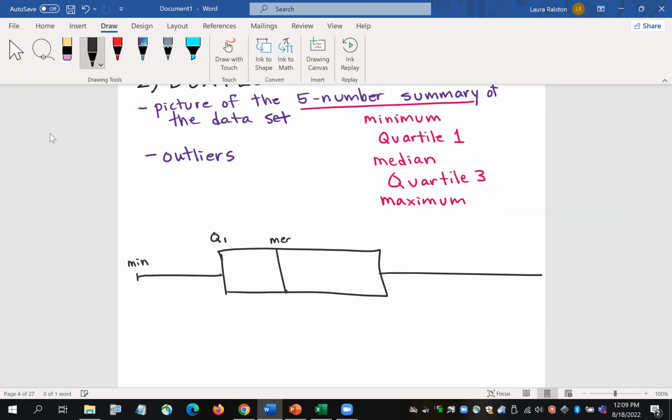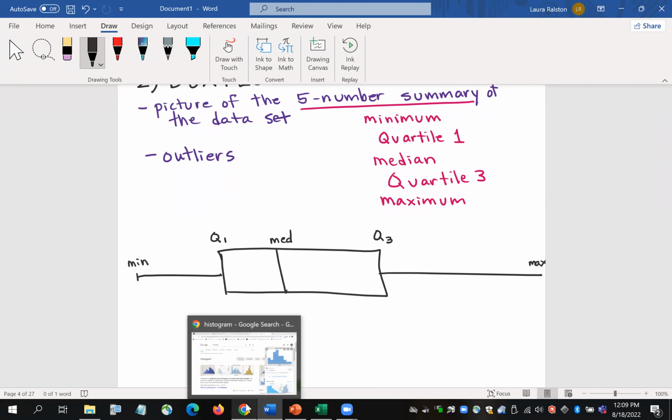This is the median. This is Q3. And my maximum is here. And then it would also visualize any outliers that I have. But again, it gives me that sense of numbers and how those numbers are grouped together. And it really makes more sense when you see it with numbers in the context of a data set.